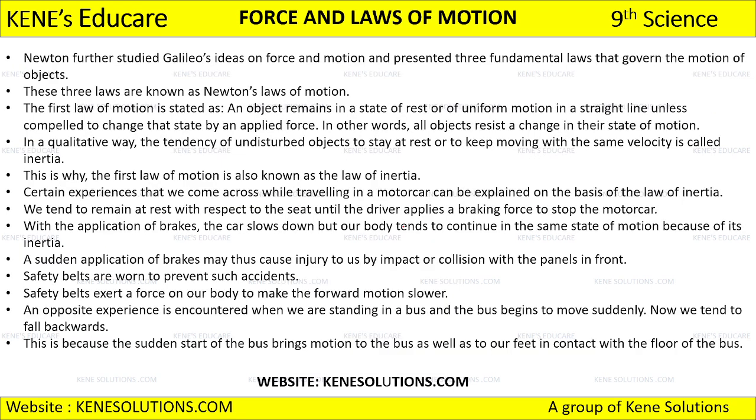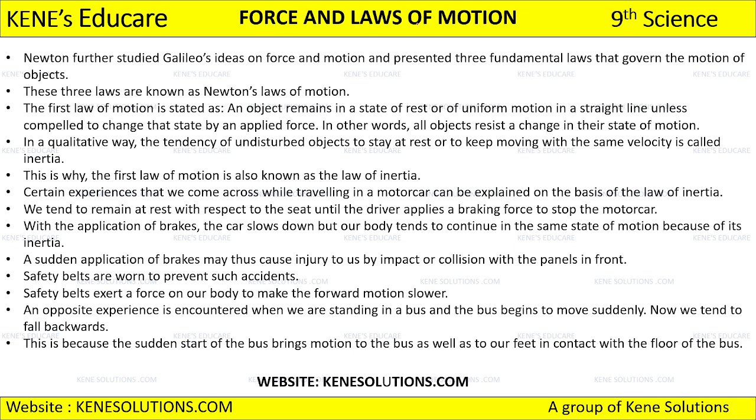And over here, whatever argument Galileo had, Newton started studying that. So whatever idea Galileo had on force and motion, everything was studied by Newton, and according to that he presented three fundamental laws that govern the motion of the object.